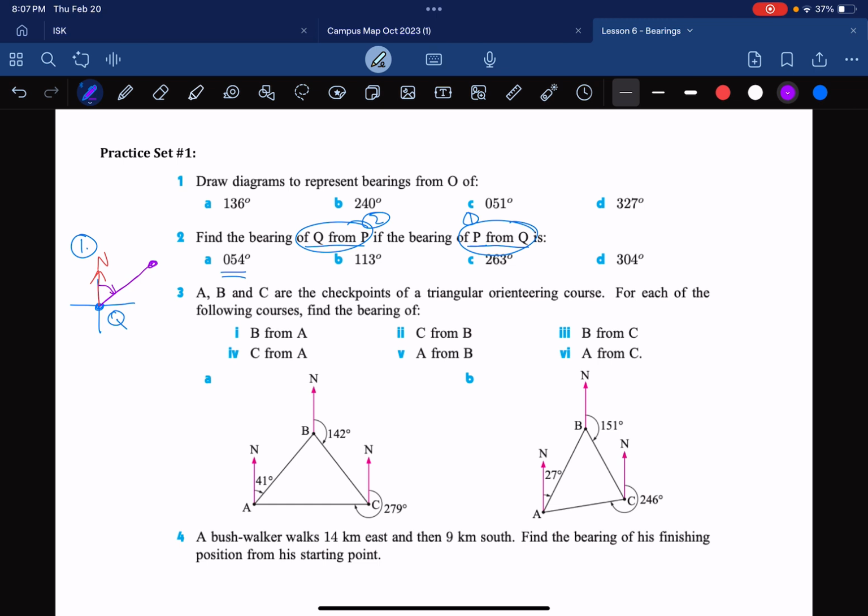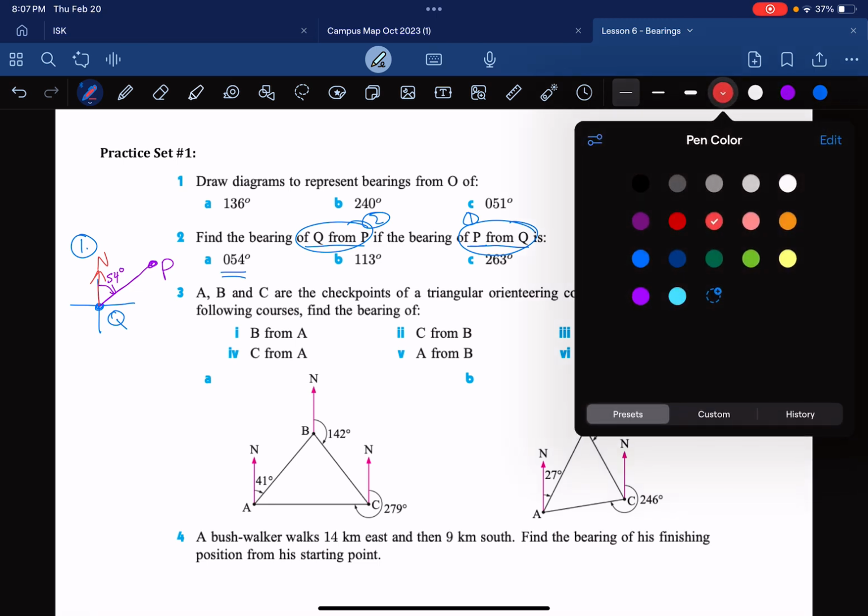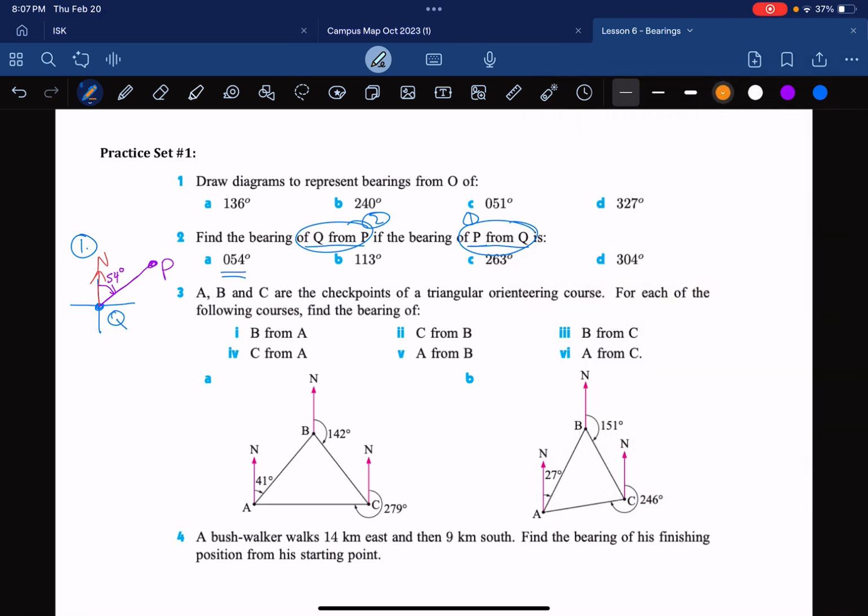Okay, and then that's going to be where P is. All right, so now the question is asking, what is the bearing of Q from P? So now I start at P, and I need to find this bearing.